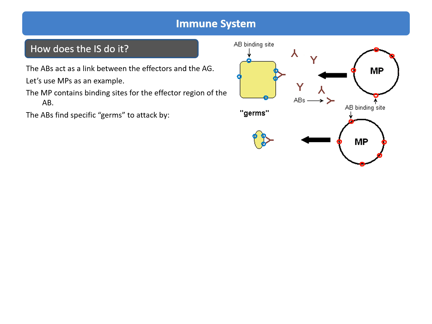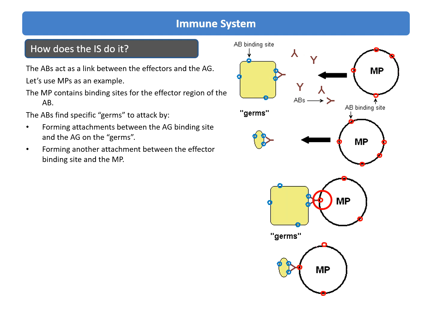The antibodies will find specific germs to attack by forming attachments between the antigen binding site and the antigen on the germ. And remember, the antibodies have been produced specific for that particular agent, germ. They form another attachment between the effector binding site and the macrophage.